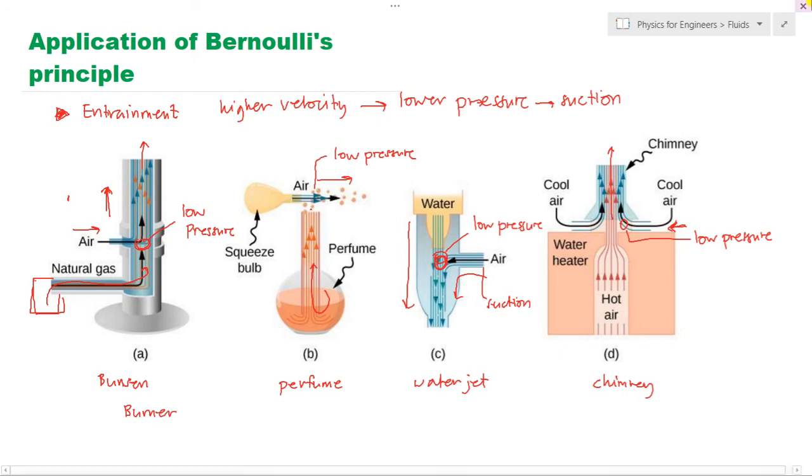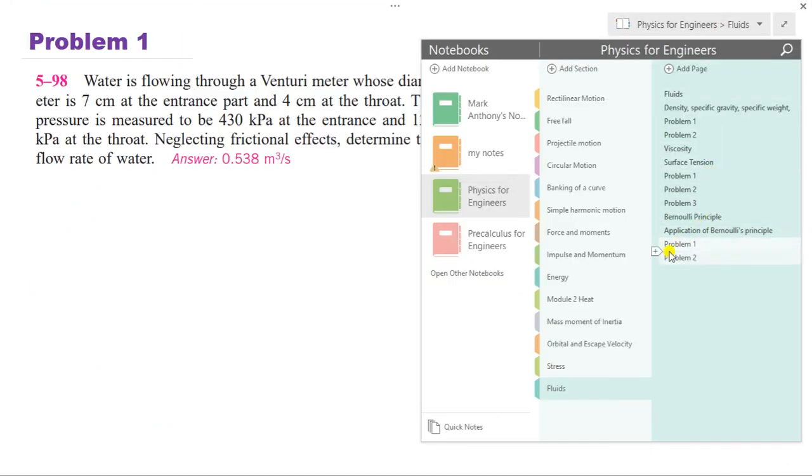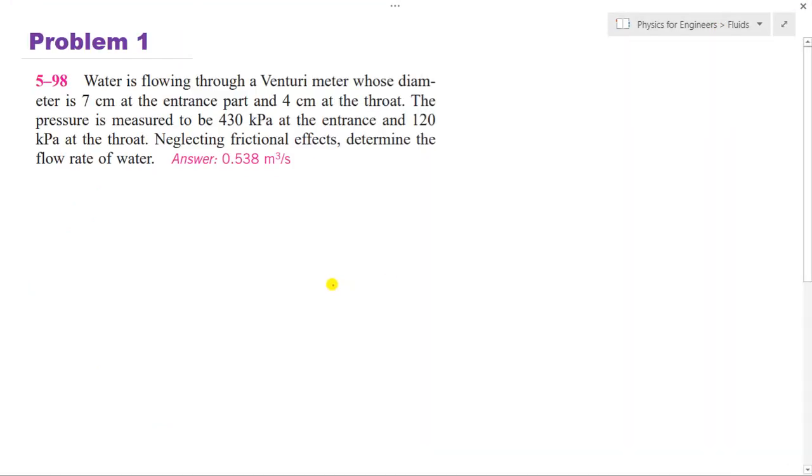Okay. Kung wala pay pangutana, then let's proceed to sample problems. So here, this problem is taken from the book ni Frank White sa fluid mechanics. This is an example of a Bernoulli principle problem or Bernoulli equation problem.